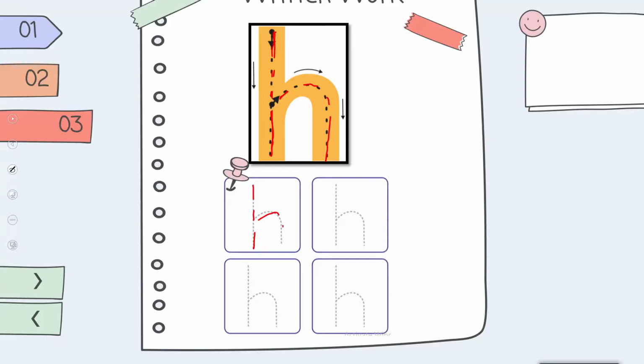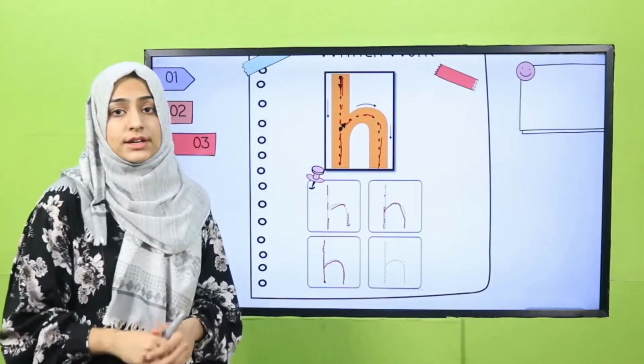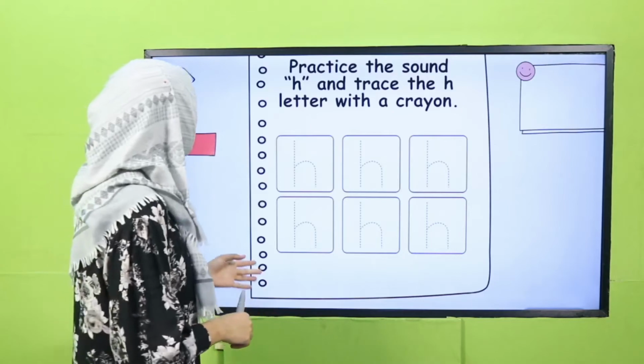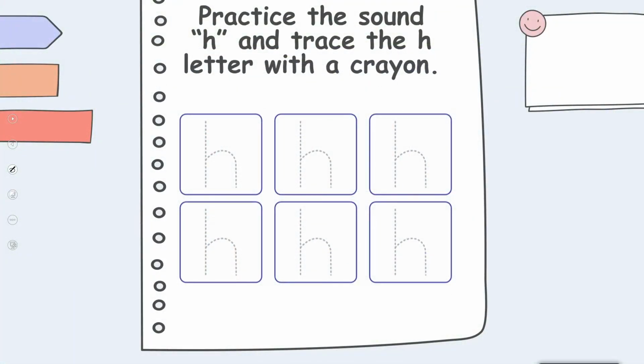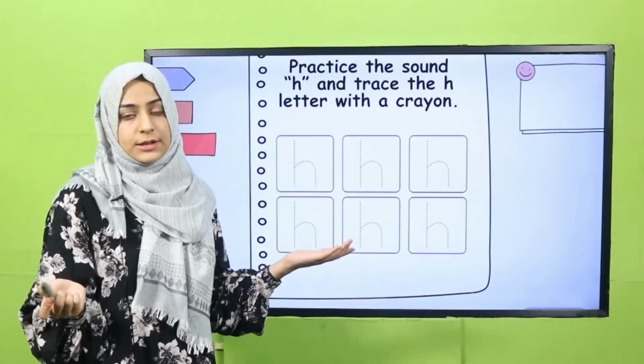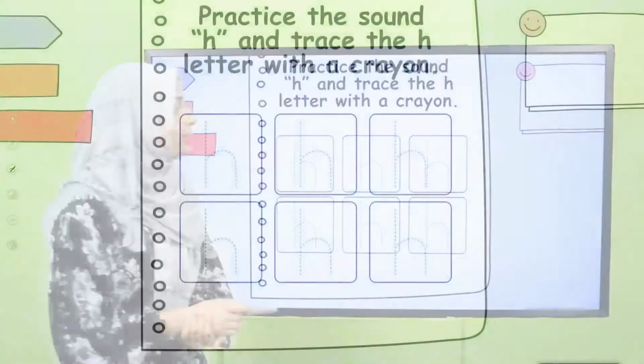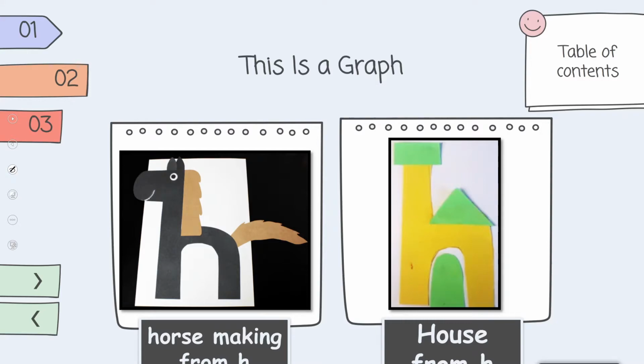Similarly on the other ones as well, you need to trace on all the dotted lines. Along with this, you need to repeat the sound of H as well on the workbook. And here again we have a page where you will write down with the help of your favorite crayon.